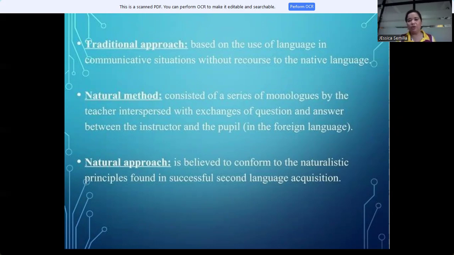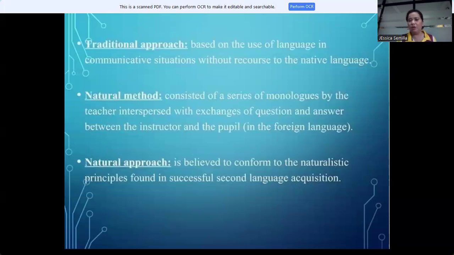So when we talk about the traditional approach, what you only do is use the language in a communicative situation without recourse to the native language. So in the traditional approach, you just basically use the language itself in the communicative situation.